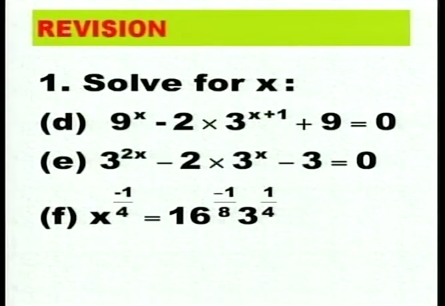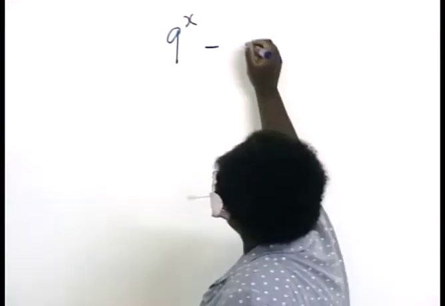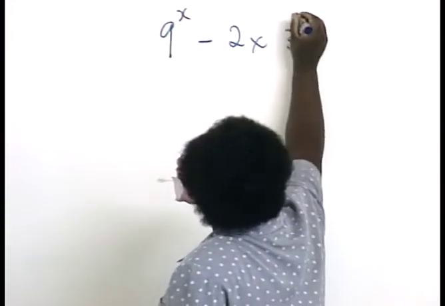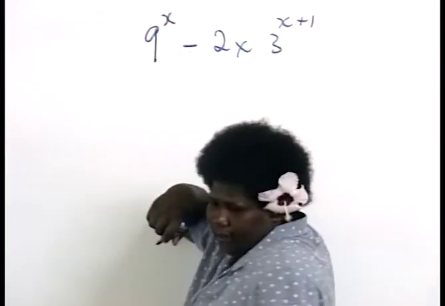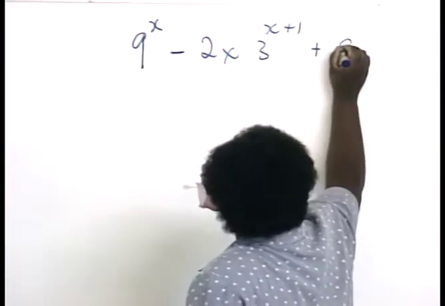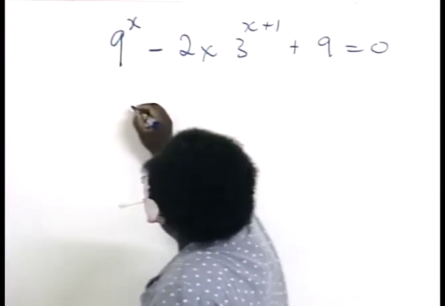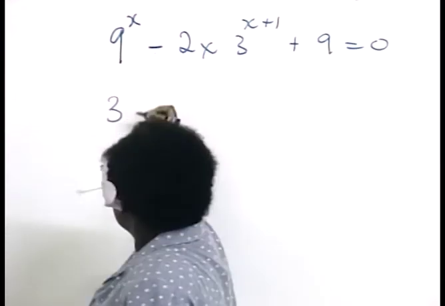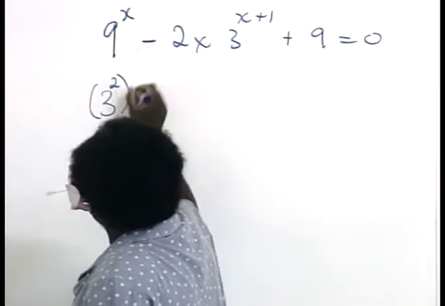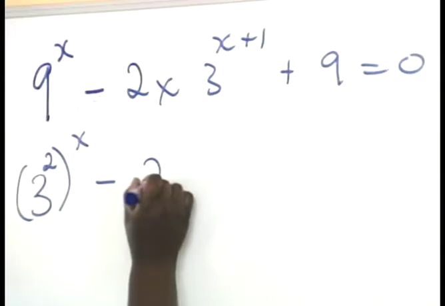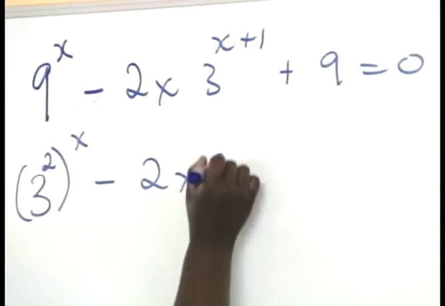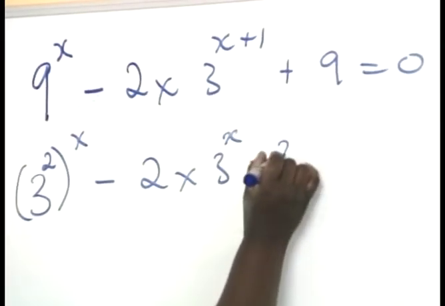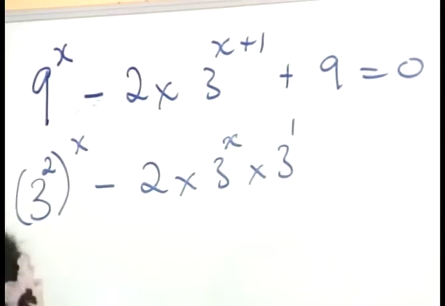Okay, 9 to the power of x. I'll give this to you as an example. Please don't forget. Okay, 9 to the power of x minus 2 times 3 to the power of x plus 1 plus 9 equals 0. You rewrite this 9 and 3, you can write to the same base. So that's 3 squared raised to the power of x minus 2 times this you have to rewrite as 3 to the power of x times 3 to the power of 1.